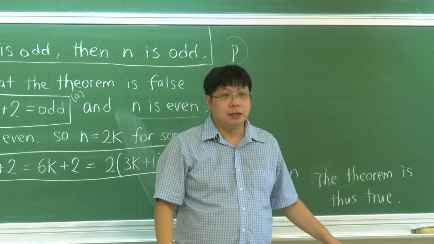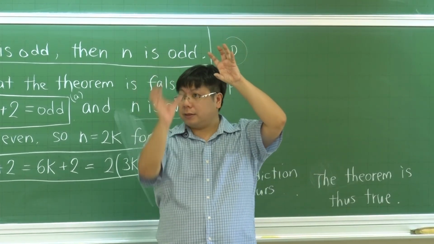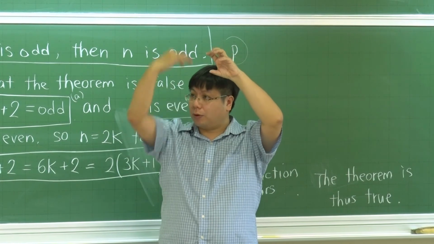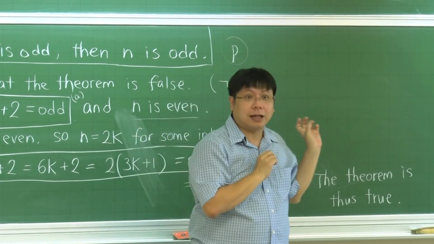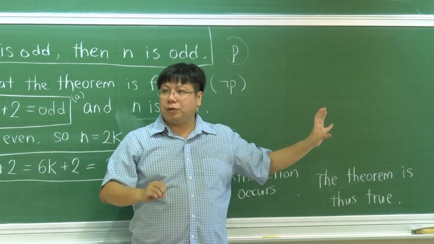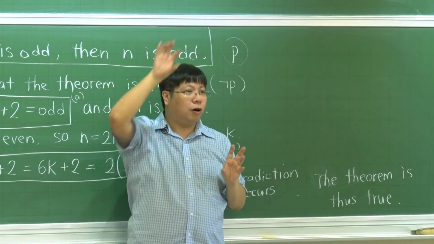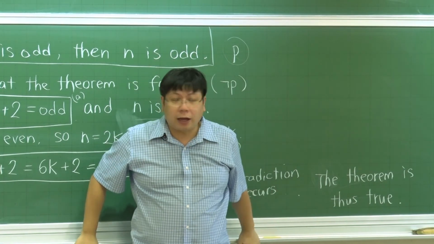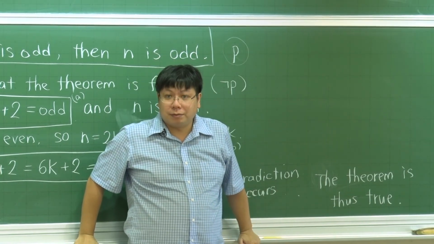Is that okay? Once we remove the common factors, then they don't have any common factors anymore. So now we start with square root 2 is equal to something over something, but these two things do not have any common factor to begin with. Okay?